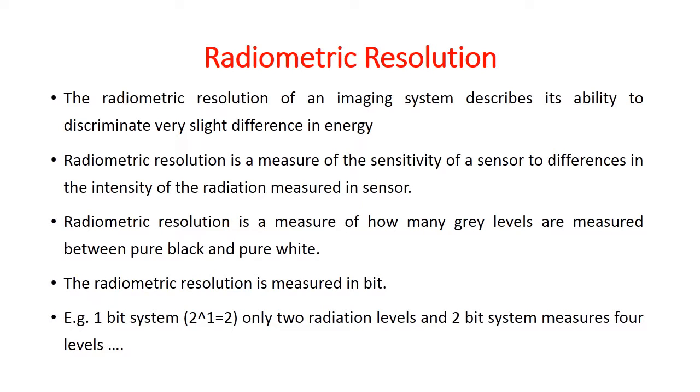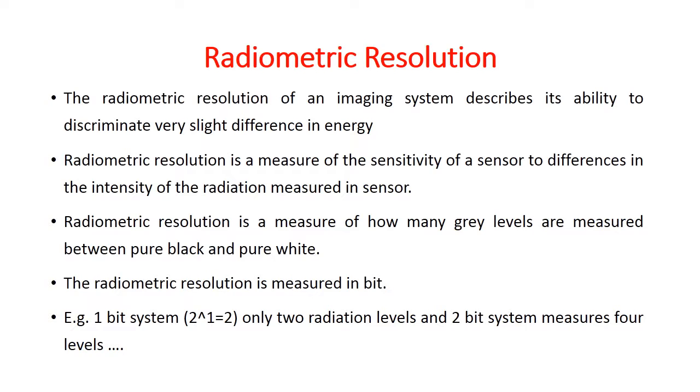Radiometric resolution. The radiometric resolution of an imaging system describes its ability to discriminate very slight differences in energy. This means if there is any slight change in the energy, it can be discriminated with the help of radiometric resolution.